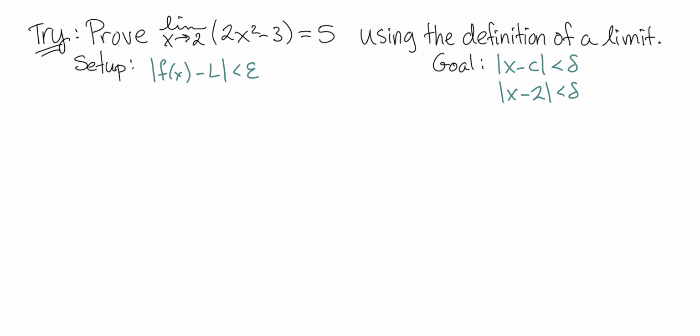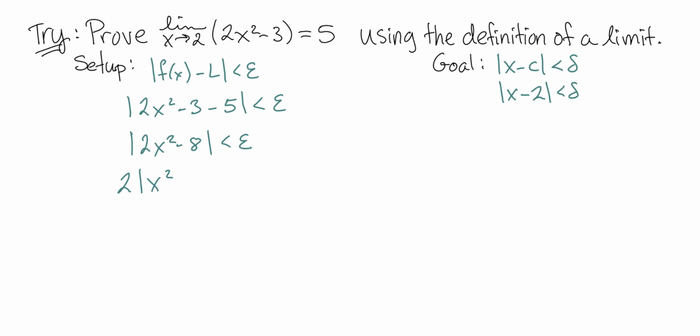So substituting in our function, we have 2x squared minus 3 minus the limit, which is 5, in absolute value, is less than epsilon. Simplifying, we get 2x squared minus 8 is less than epsilon. We can factor out a 2, and then we have x squared minus 4 is less than epsilon, which becomes 2 times the quantity x plus 2 times x minus 2 in absolute values is less than epsilon.